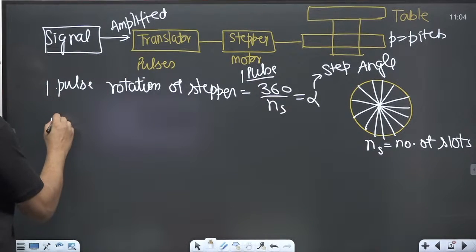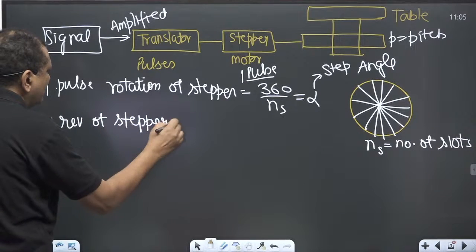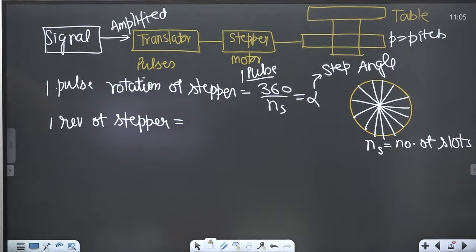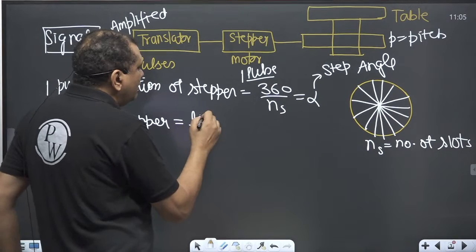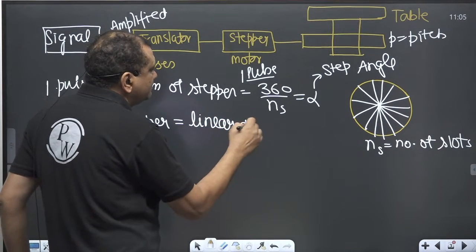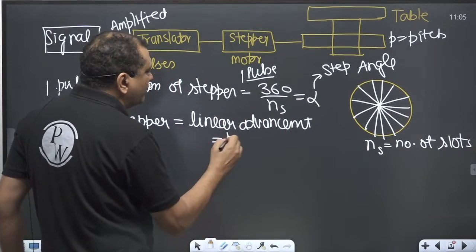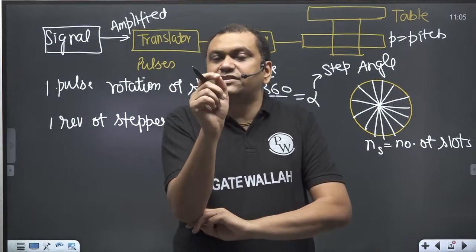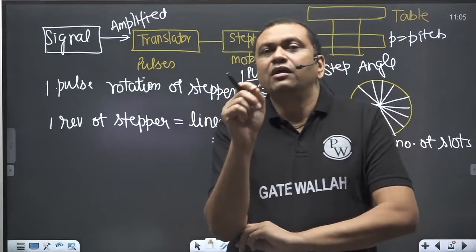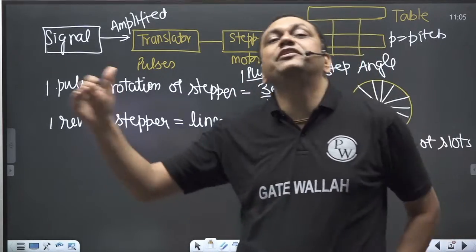So one revolution of the stepper gives a linear advancement equal to 1 pitch, if the lead screw is a single start thread. In one rotation it will advance by 1 pitch.